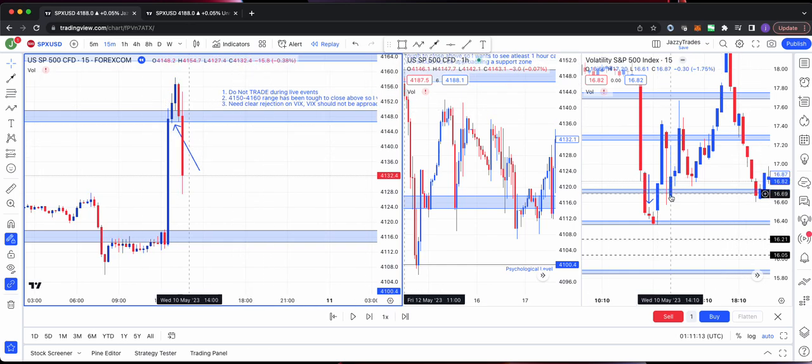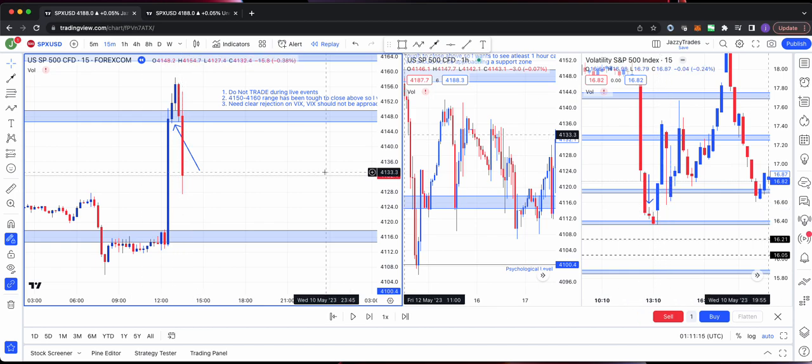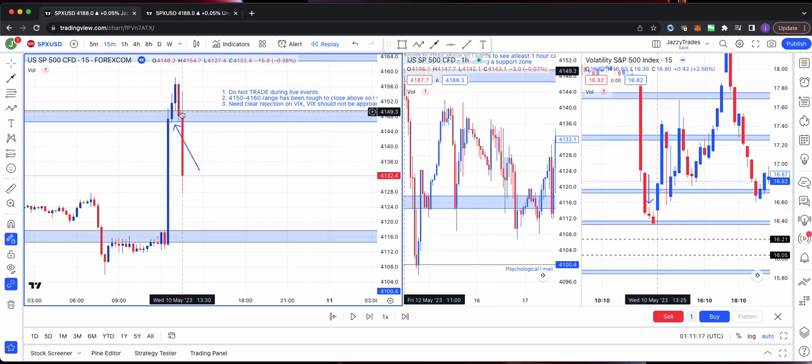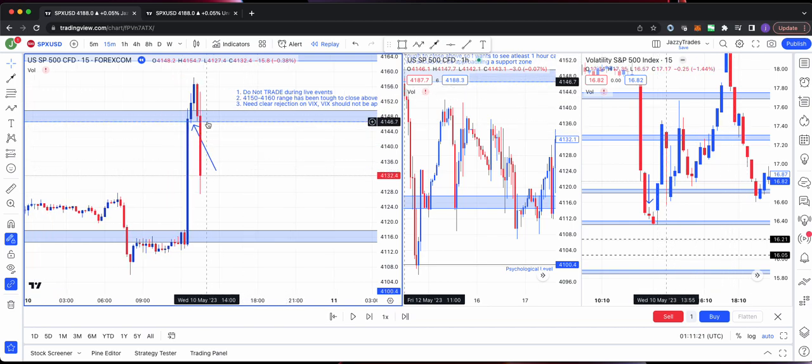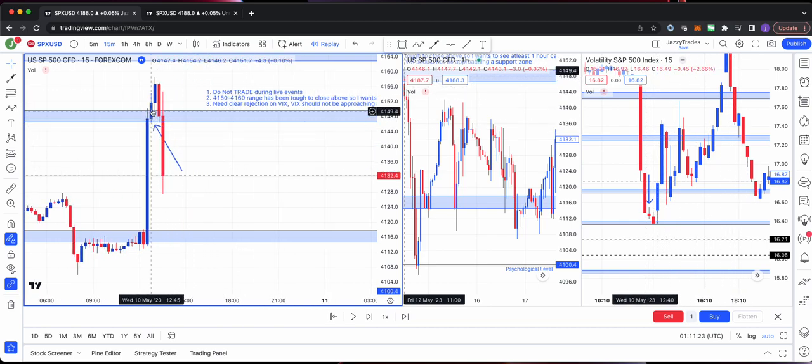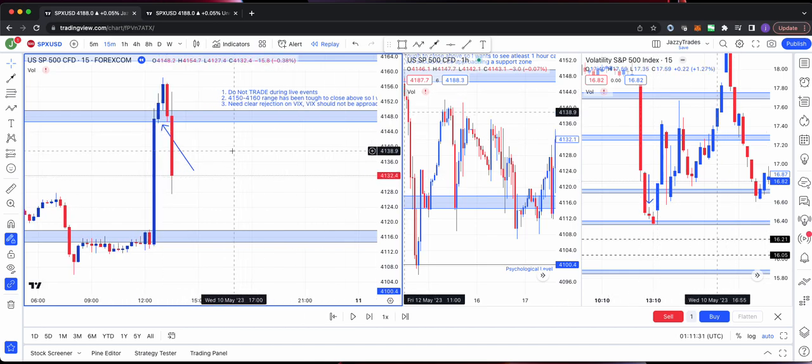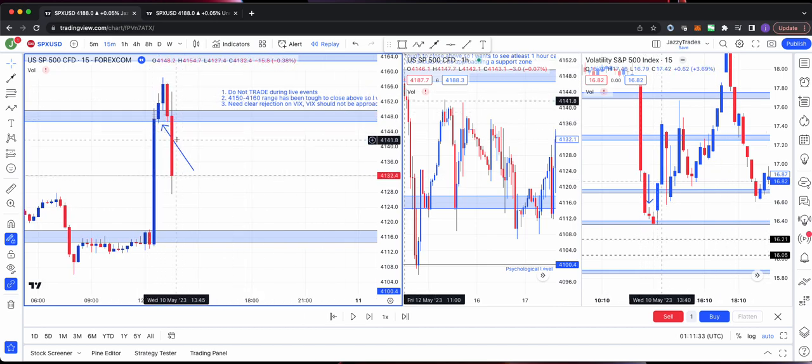And then VIX actually bounced at 125, which is this candle here, right? So if you entered this candle, it would have been a really quick scalp. And then if you're watching VIX, when VIX bounces, you get out, right? But you can actually get caught in this.